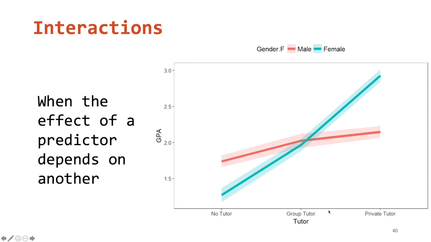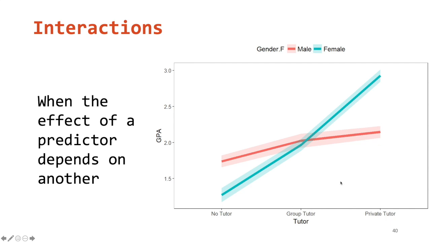And what we're seeing is for females, they do not do very well on average with no tutor. They do pretty well with a group tutor, but with a private tutor, they do awesome. For males, they do better than females with no tutor, but that's not fantastic. Group tutor, they do a little bit better. But a private tutor, they really don't do much better than the group tutor.